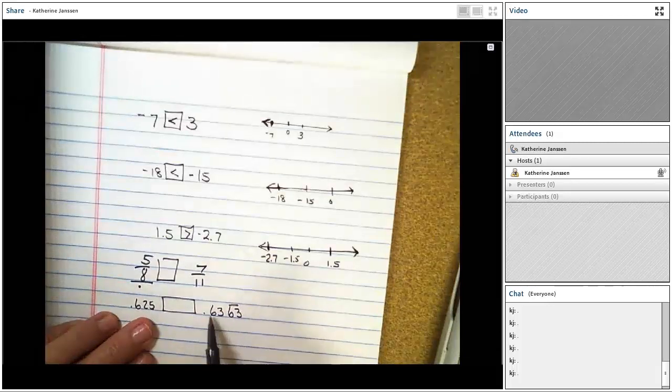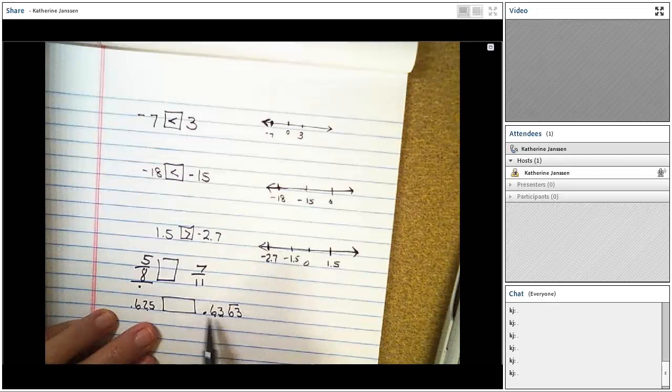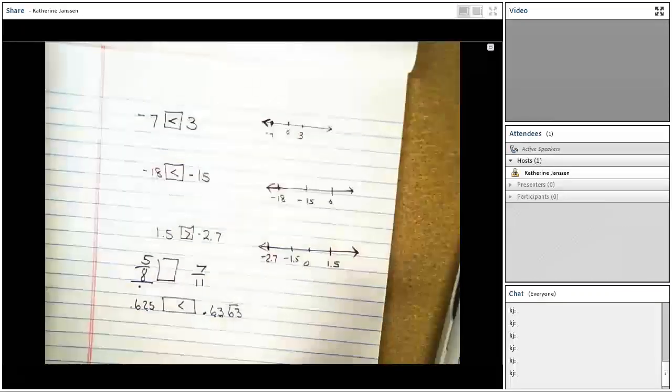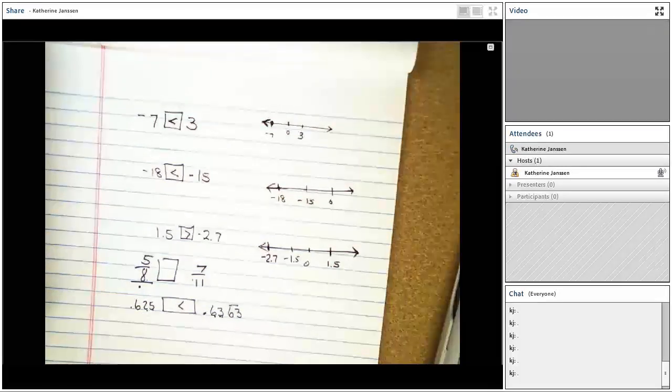So 0.625 is less than 0.63. Again, comparing fractions, convert to their decimal equivalent, and then compare greater than or less than.